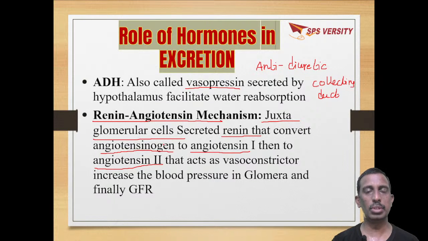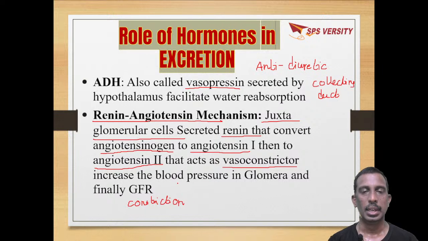What will this angiotensin do? Angiotensin acts like a vasoconstrictor, which causes the constriction of blood vessels. Due to this, the blood pressure in the glomerulus will rise, and finally there is an increase in GFR.